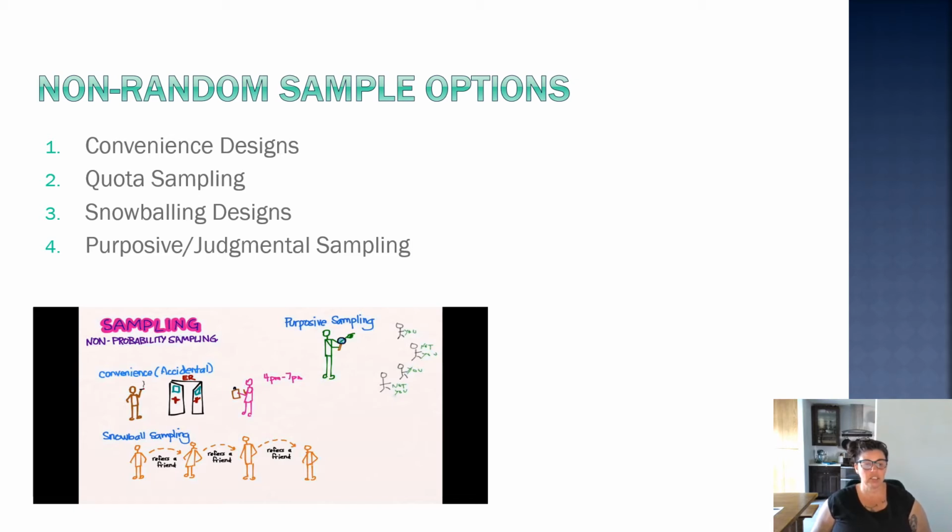Snowball sampling is the one that we often use when we have a particular target of information that we need, and we don't have a lot of access to that type of person. One example is often the case when people do research on crime or criminology, or on recidivism.